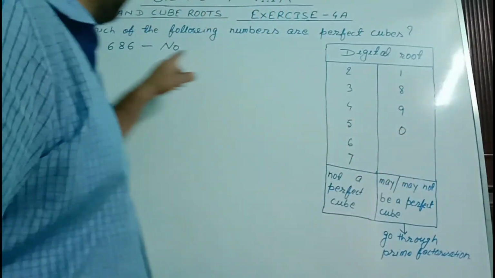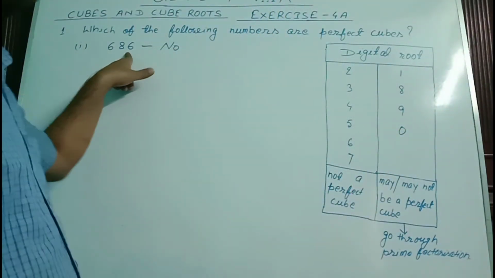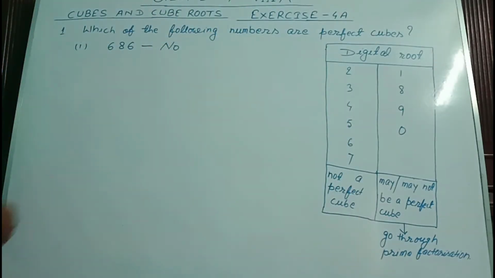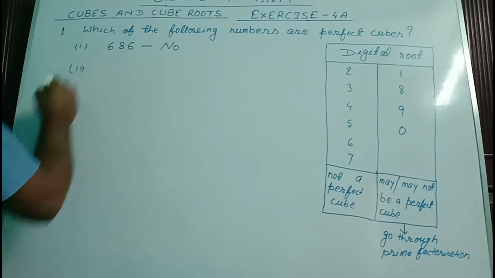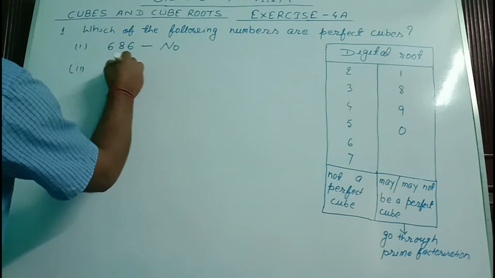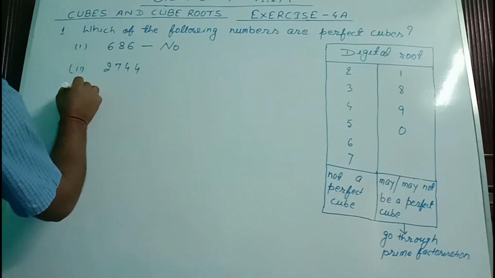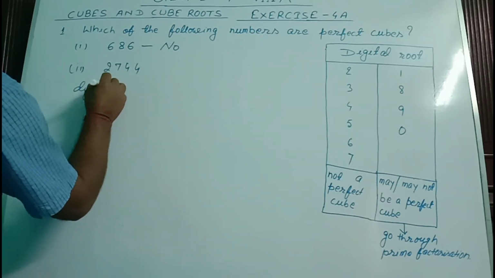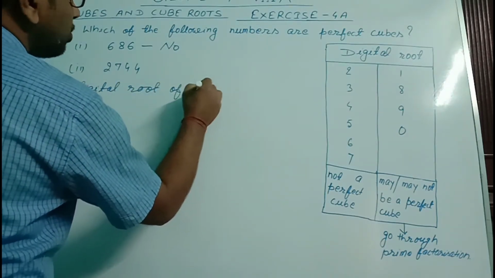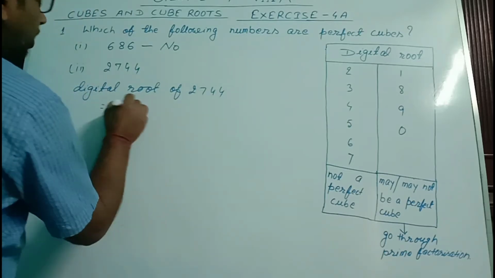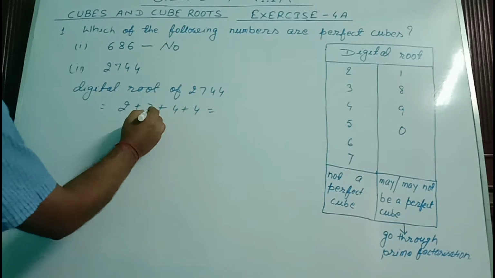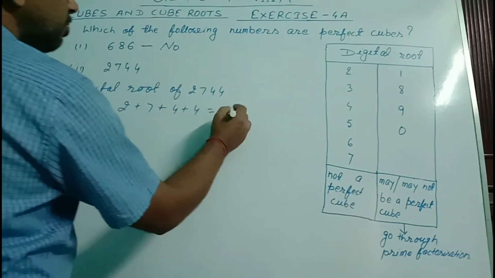One question I have solved already. This 686, about this I told that this is not a perfect cube. Now Roman number 2. In Roman number 2, the question is 2744. So we will find the digital root. The digital root of 2744 became 2 plus 7 plus 4 plus 4, that is equal to 2 plus 7, 9, 9 plus 4, 13, 13 plus 4, 17.